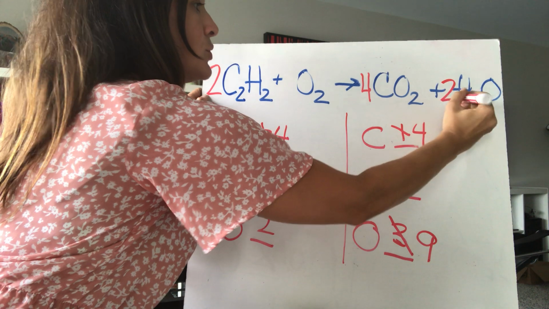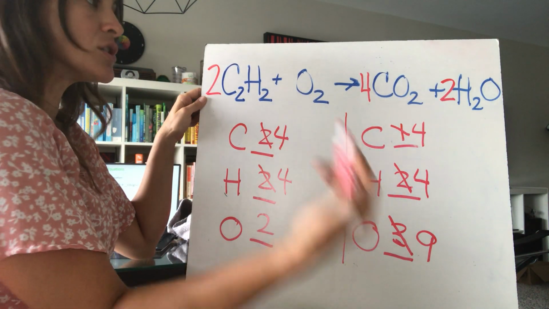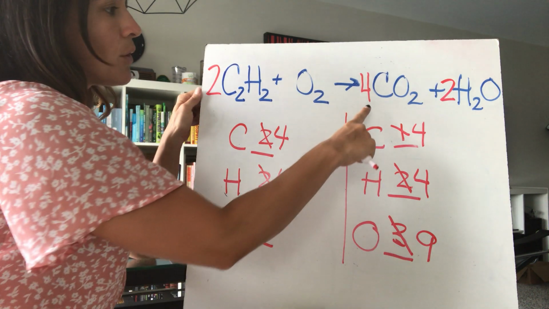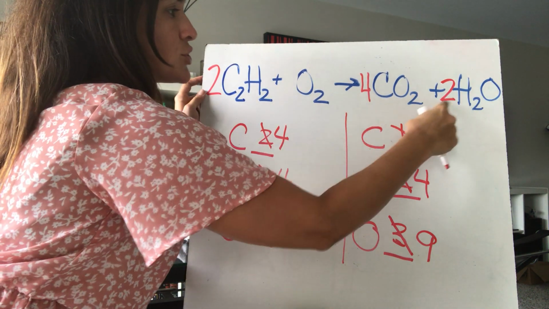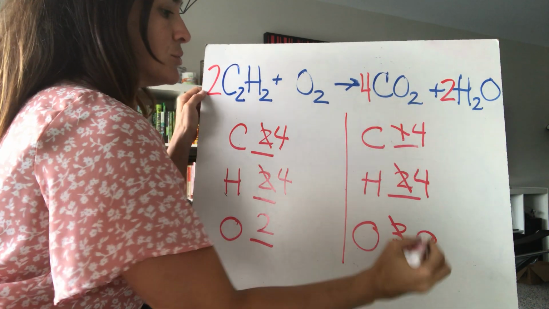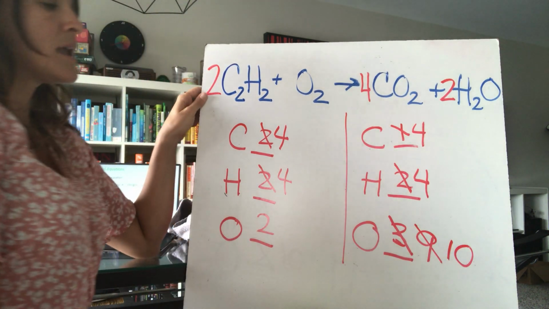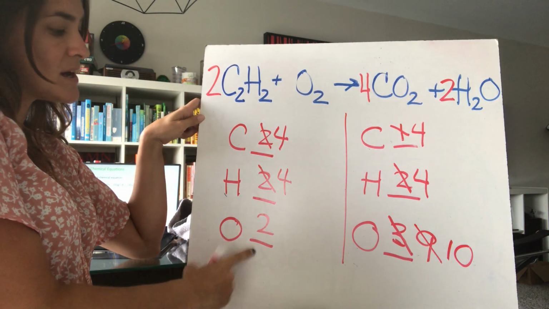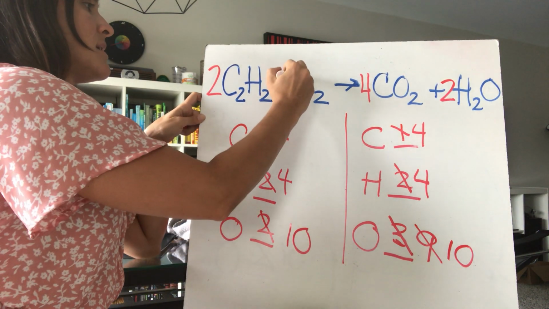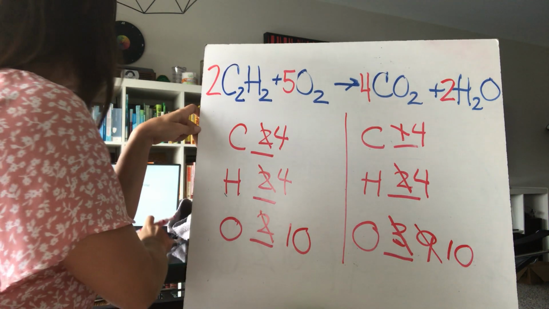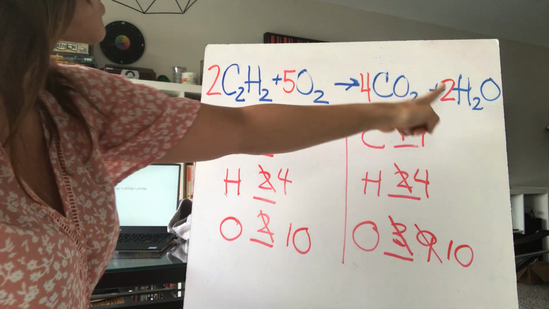So I'm gonna put a 2, and that gives me 4 hydrogens, but it also changes the amount of oxygen. So 4 times 2 is 8, plus 2 times 1, 2. So 8 plus 2 gives me 10. Now we have 2 over here, but I can easily get 10 by putting a 5. Good job. So you have 2, 5, 4, 2.